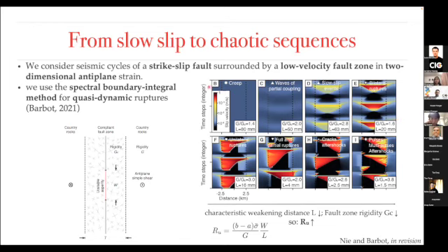From the upper left to the bottom right models, both the characteristic weakening distance L and the fault zone rigidity decrease. Based on the definition of the RU number, RU increases from here to here.